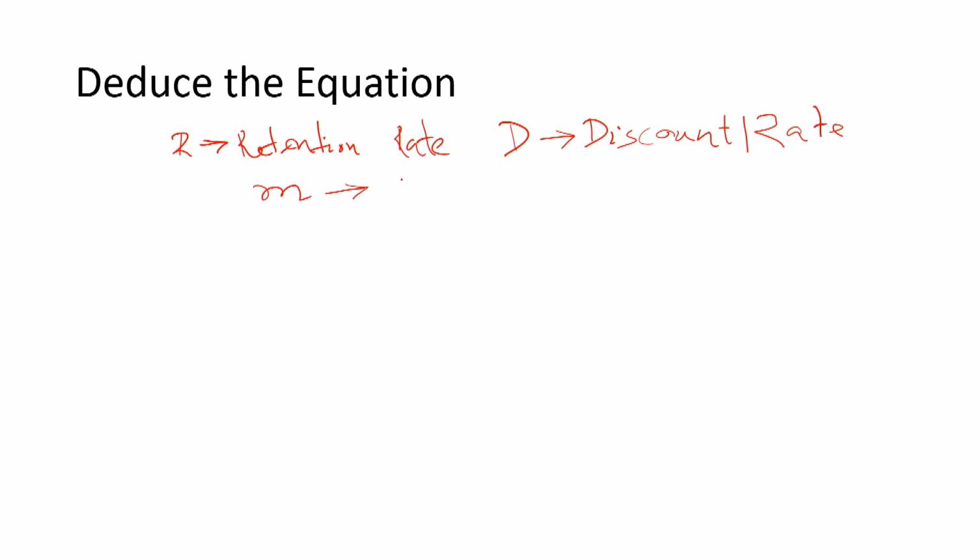So, now let us look at this one. Let us say the retention rate is denoted by R. Then let us say D denotes the discount rate. And let us say M is the margin, right.